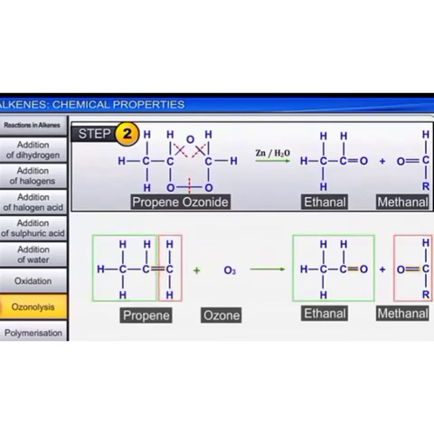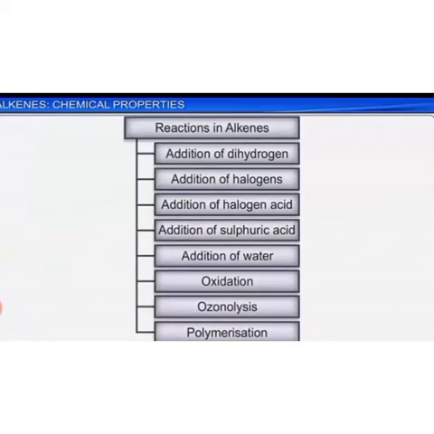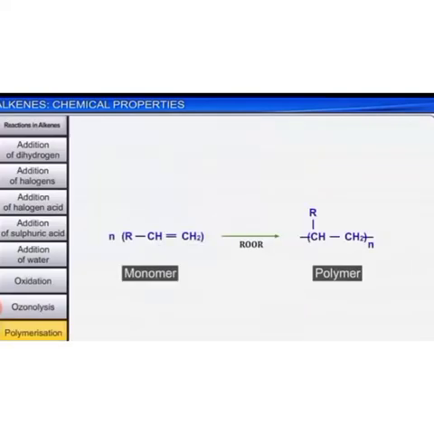Let us move on to the last reaction, that is, polymerization. Alkenes undergo addition polymerization reaction when heated under pressure in the presence of suitable catalysts. In this, a large number of molecules of the same species join together to form a giant molecule called a polymer.